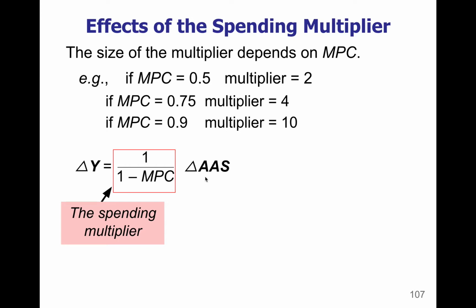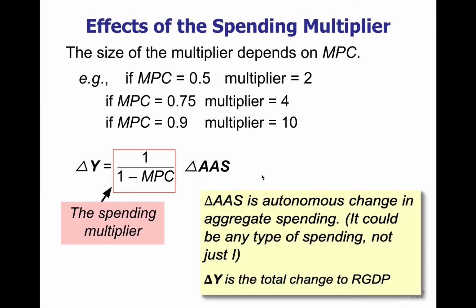Then we just have to figure out how much autonomous aggregate spending is needed. We multiply the new amount of spending times the multiplier of 10, and that will tell us how much we get in new real GDP, or a bigger change to GDP.